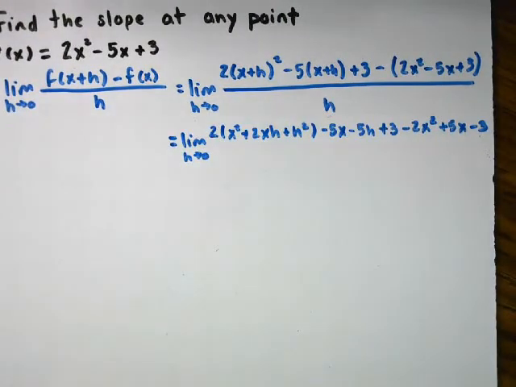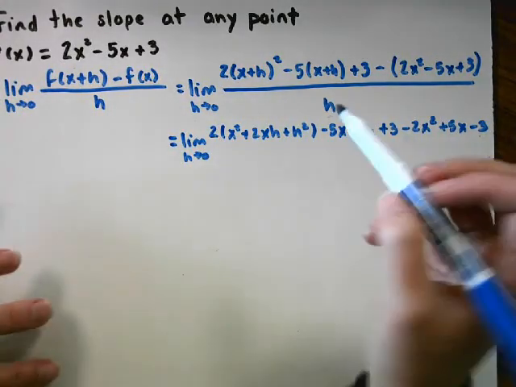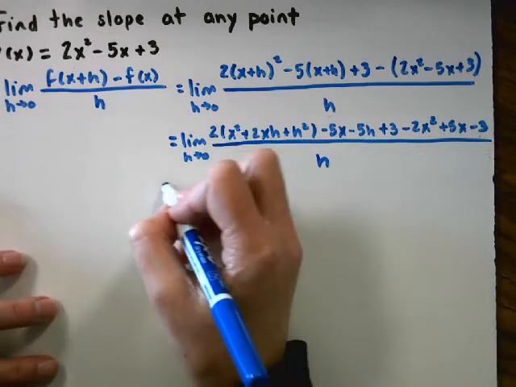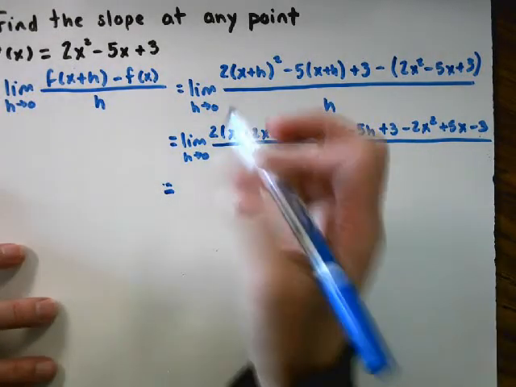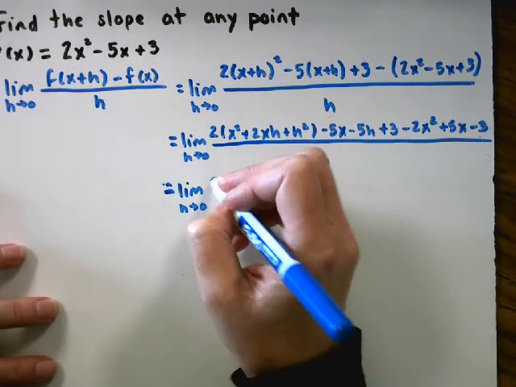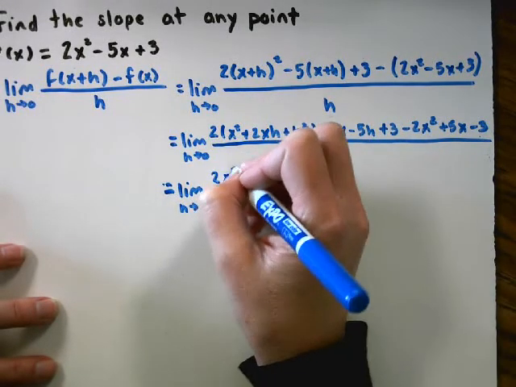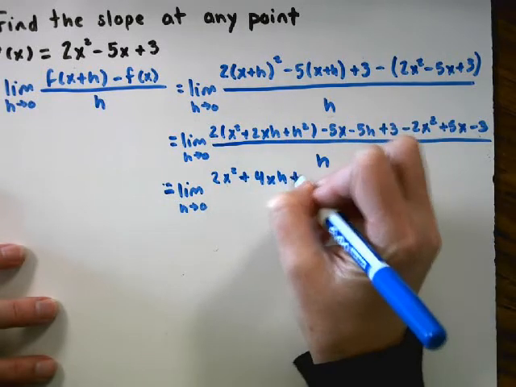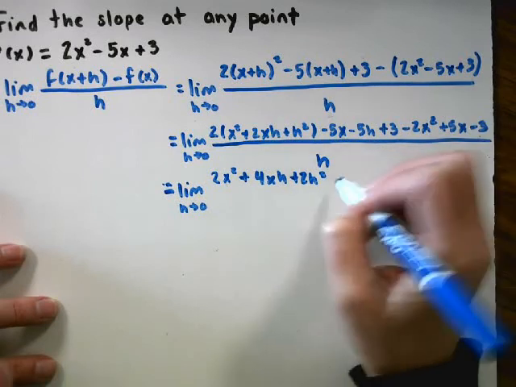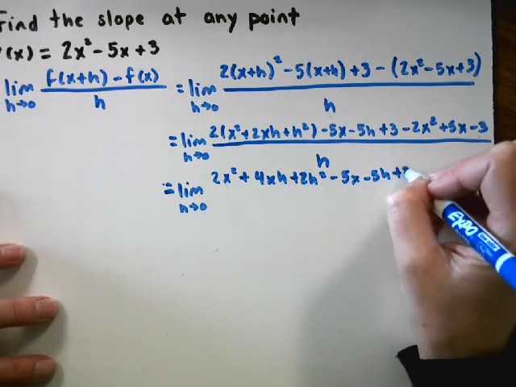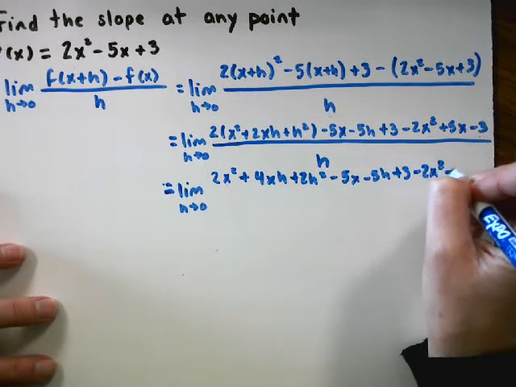So one more step: we have 2x squared plus 4xh plus 2h squared minus 5x minus 5h plus 3 minus 2x squared plus 5x minus 3. If you're having a hard time seeing it, just look at the PDF version of the notes.